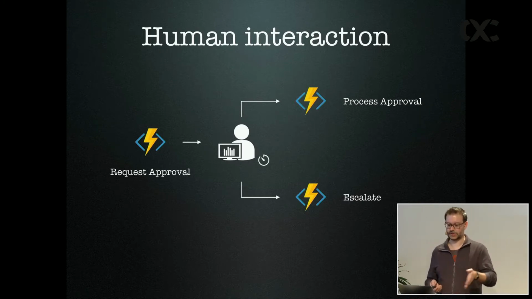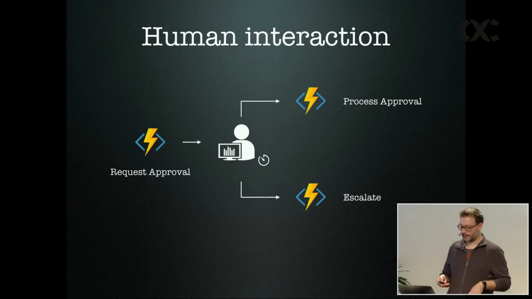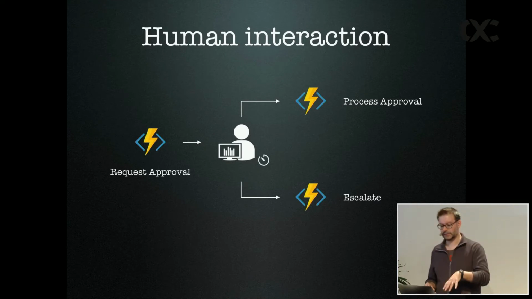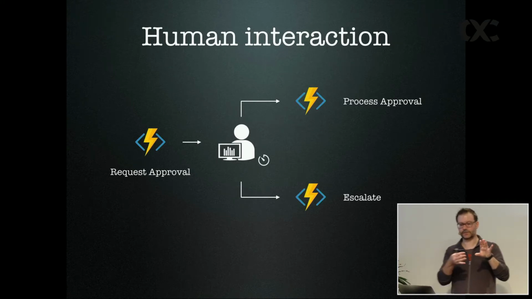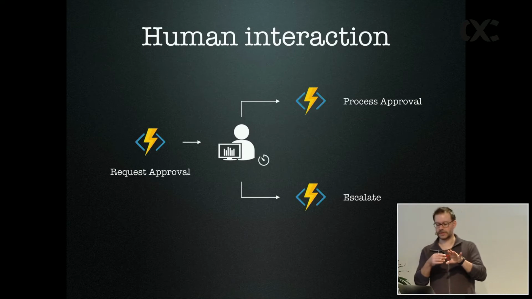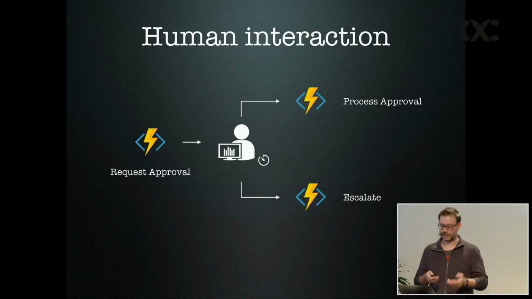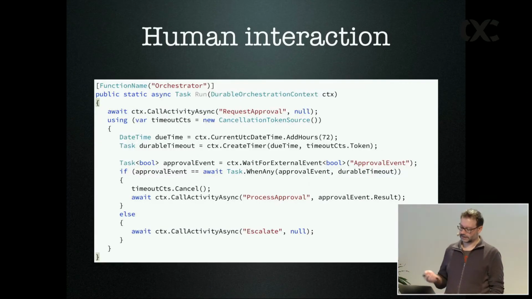The requester wants to know what happens within 72 hours. So we have two components in there, and we'll see that in a sample later. So we have then a manual intervention of a human, which then sends an event of approval or deny to that waiting orchestration, and then the orchestration decides to perform some actions, or if you have a timeout, do something else. But let's have a look at the code.